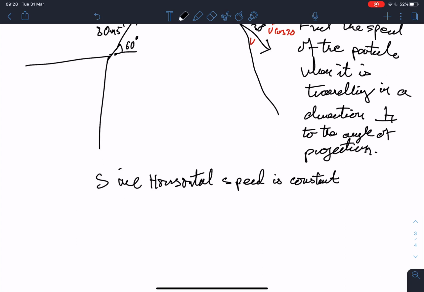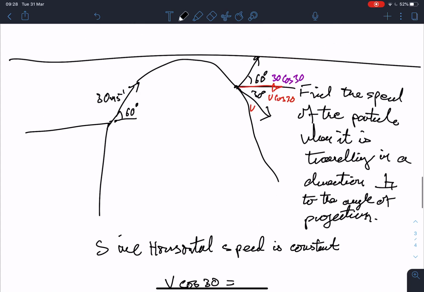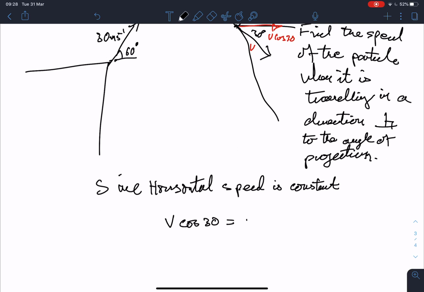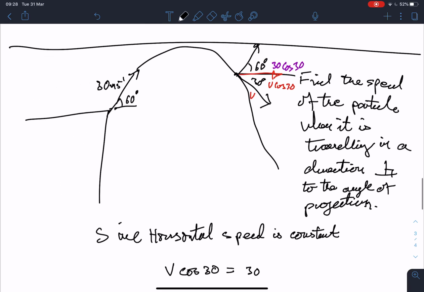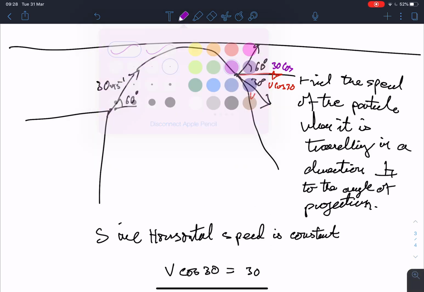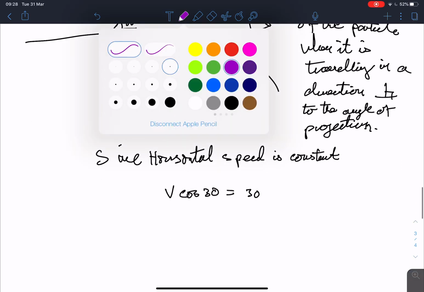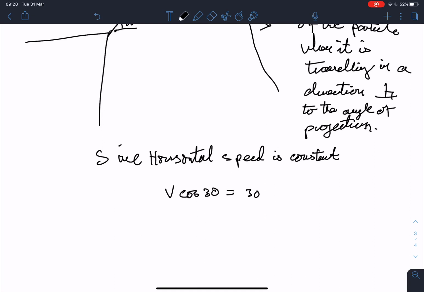So let's just add that curve on. And so say that's the point where it's perpendicular. That's the horizontal plane. We've got an angle of 60 degrees. That was how it was projected. So it now must be going at 30 degrees to the horizontal. So all you've then got to do is remember one key fact, that the horizontal speeds must be the same.